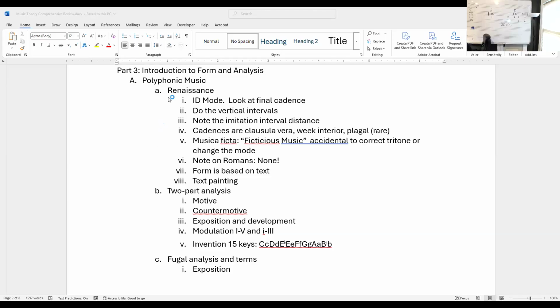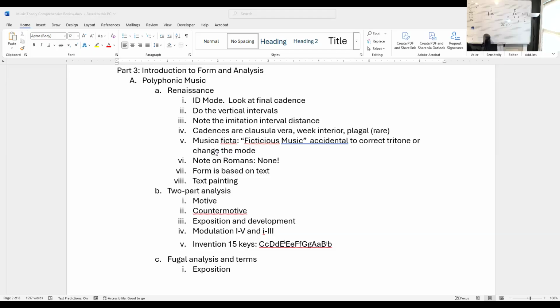Renaissance is very rarely tested. But these bullet points here are the things that you want to be aware of. When they ask you to do a Renaissance analysis, what they're really looking for is, can you figure out what the mode is? Because it's modal music.